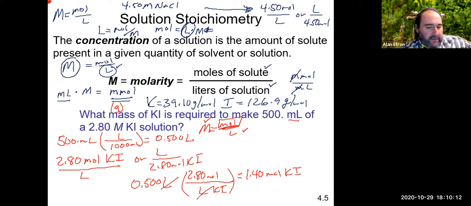But we want grams, so we need the molar mass of KI. We add both numbers together, 126.9 from the periodic table plus 39.10, which looks like 166.